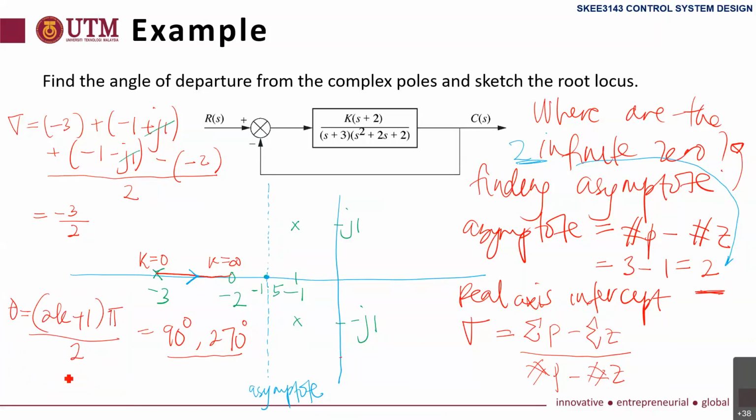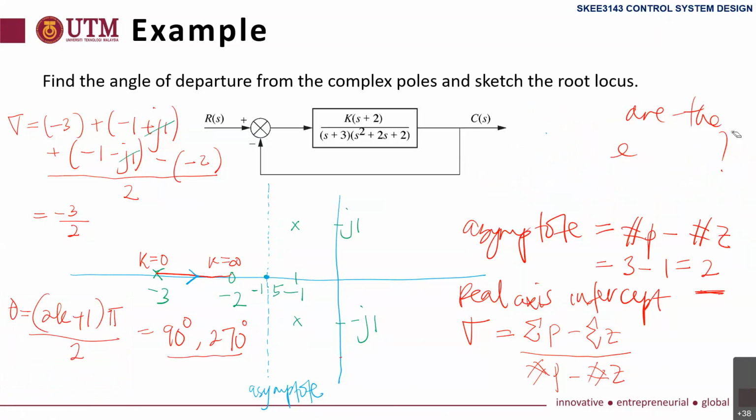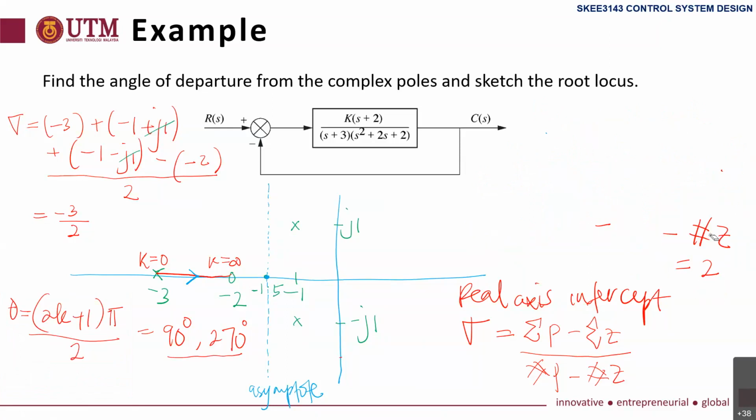Next, rule number 6. What does rule number 6 say? I will erase all this. Rule number 6 mentions real axis break away and break in points.